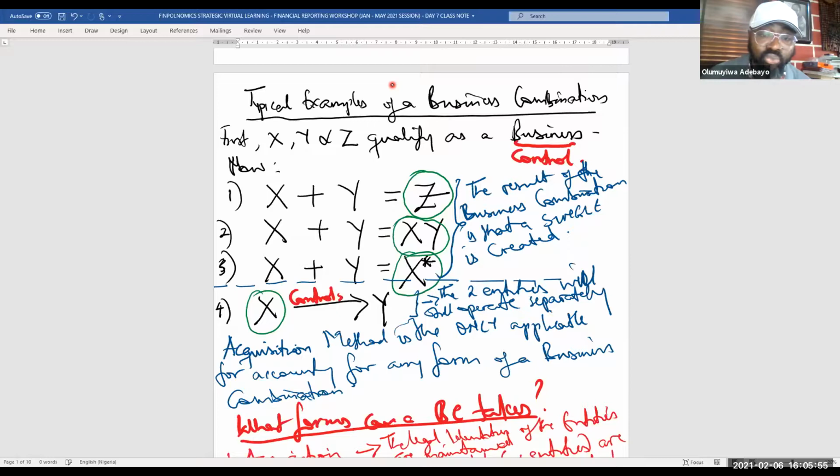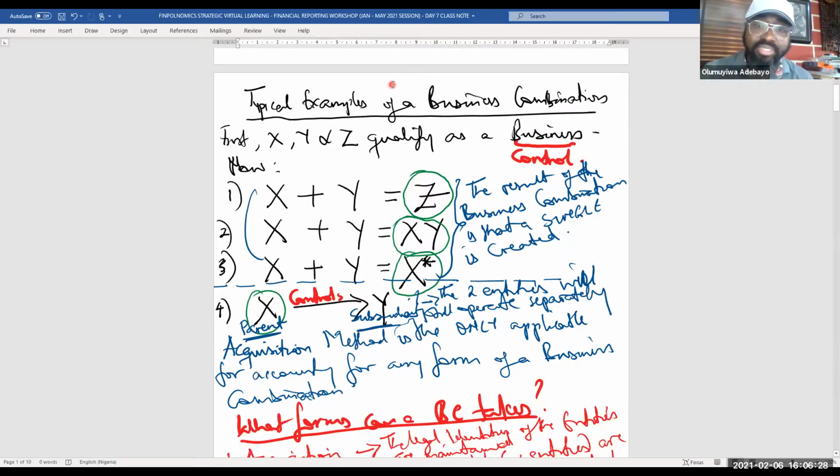And this is what gives rise to a parent and a subsidiary relationship, which means X is a parent here and Y is what? A subsidiary. This is the only instance where we have such a relationship, whereas such a relationship of parent or subsidiary does not exist in this first stage. Does that make sense, please?